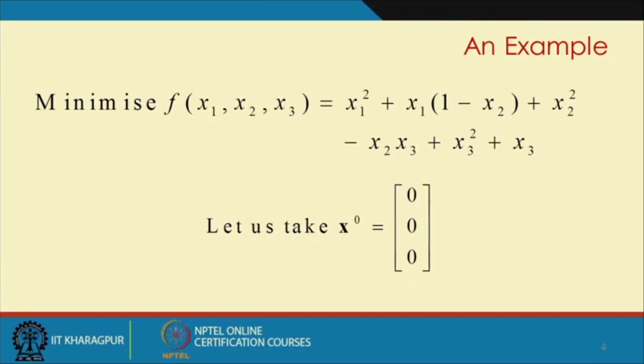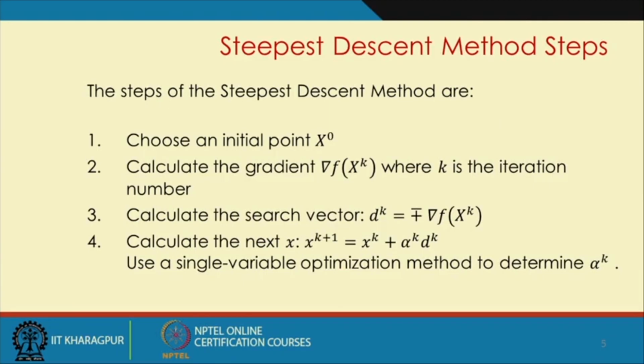But if I just start with the guess point 0 0 0 and have to minimize this function, what does the descent method tell us? Whenever we have a function which is continuous in nature, we use the gradient knowledge. What is the gradient of a function at a point?